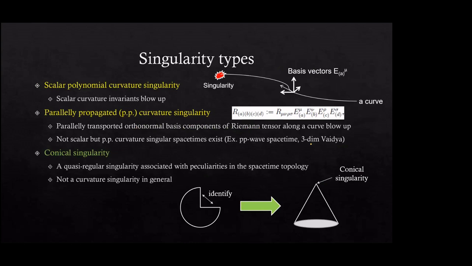And actually, there are several types of singularities. The first type is a scalar polynomial curvature singularity. It is the best known one, around which the scalar curvature invariants, like the Kretschmann invariant, blow up.